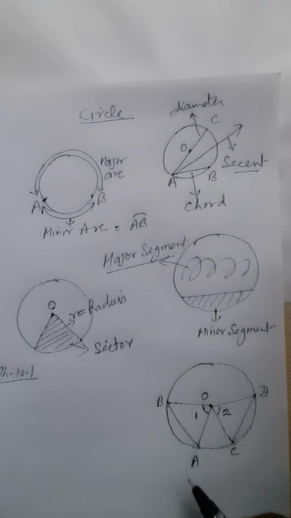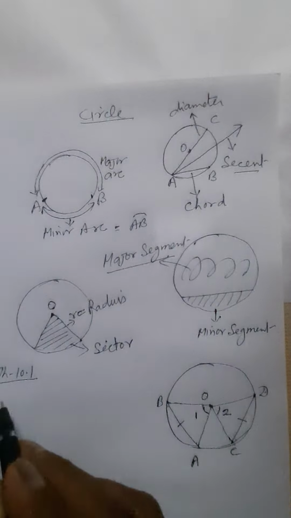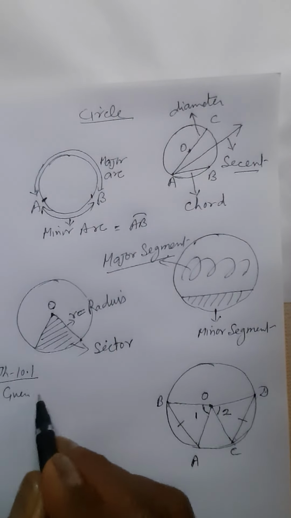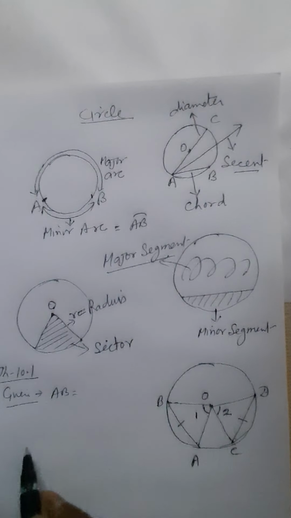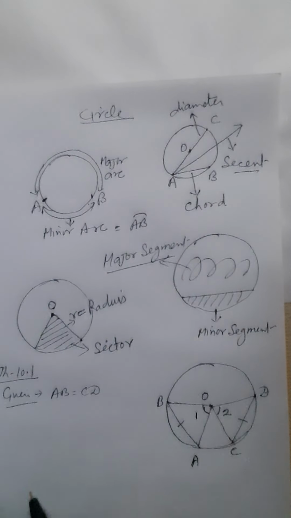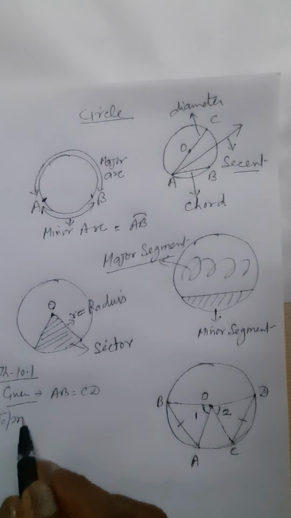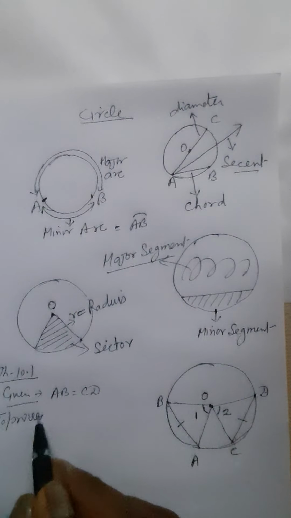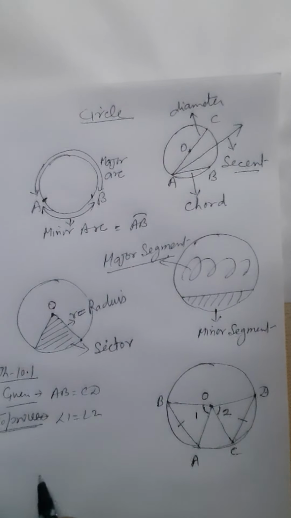So what do you have to prove? It is given that these chords are equal. So the given part is equal chords, AB is equal to CD. To prove: equal angles, angle 1 is equal to angle 2.